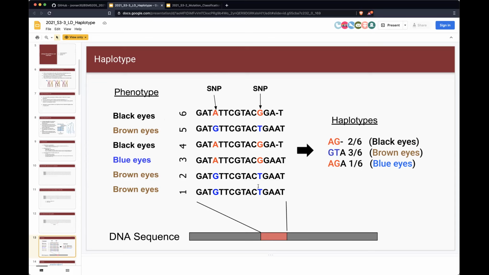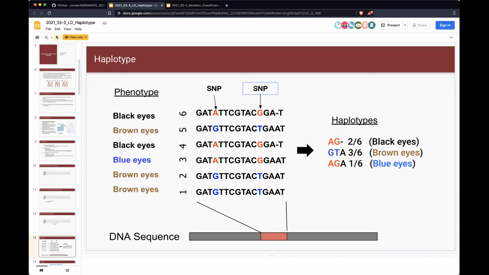And then you can expect that A, G, and nothing here is the black eyes, or G, T has the brown eyes, and the blue eyes has the A, G, and A. Okay, so I have to mark this here. So these 3 phenotypes have different haplotype compositions in their genome, right?